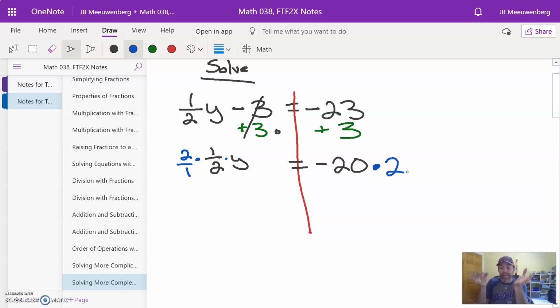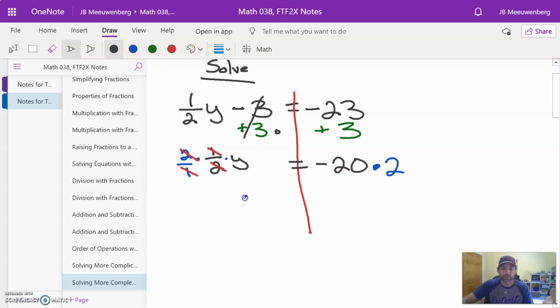Hey, look how I did that. I multiplied both sides of the equation by 2, but I wrote the number 2 differently on both sides. It was helpful on this side to put 2/1 so I can see how everything cancels, but over here it was helpful to just write 2 because it was a whole number.